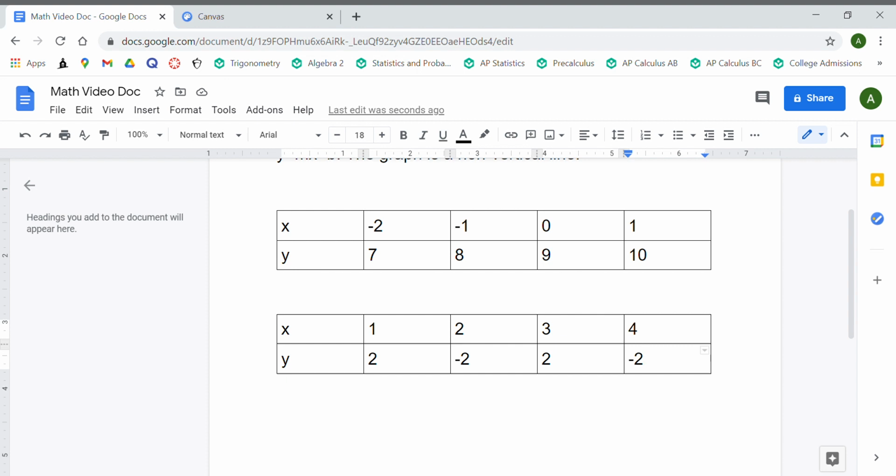So we have x values increasing by 1, same as the table above. However, look at the y values. We are subtracting 4 to get this, adding 4 to get this, and then subtracting 4 to get this. That is not a constant rate of change. You could say that we're multiplying by -1 each time, but that has nothing to do with trying to identify linear functions. So this second table does not represent a linear function.